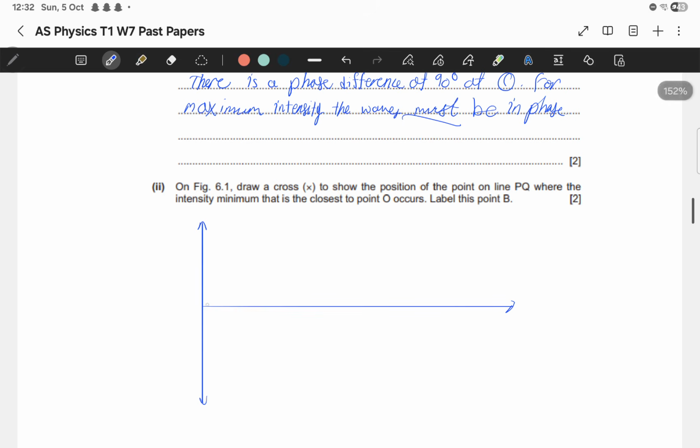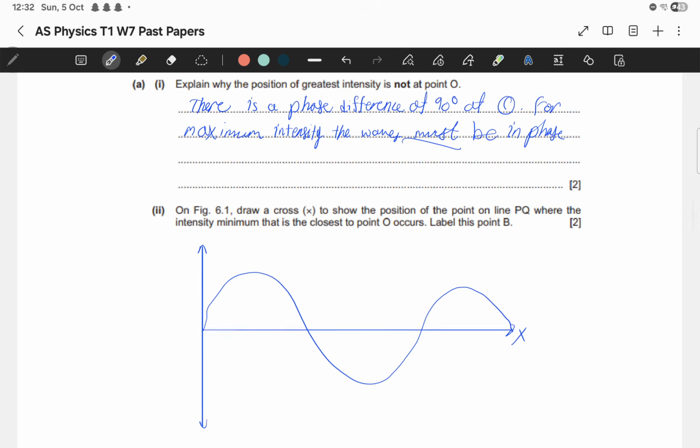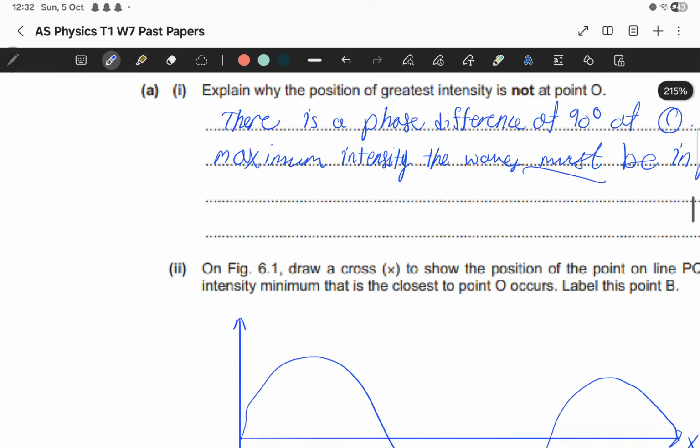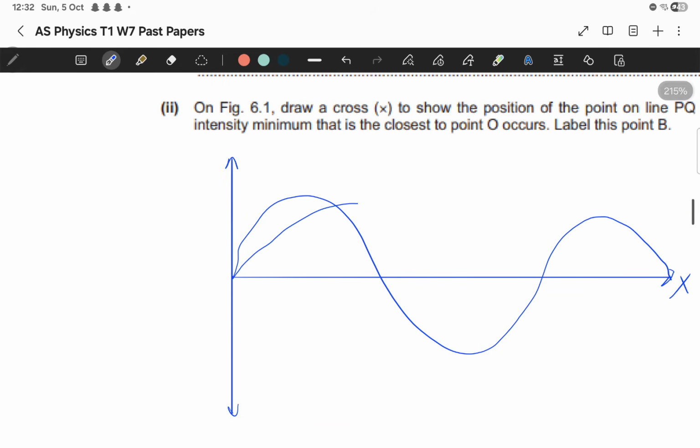So, this is the graph of the wave of X, right? I'm gonna take it like this. This is very much not to scale, okay? Or actually, this is better. This is gonna be X, okay? Now, this is gonna be Y, okay? So Y is gonna be something like this.